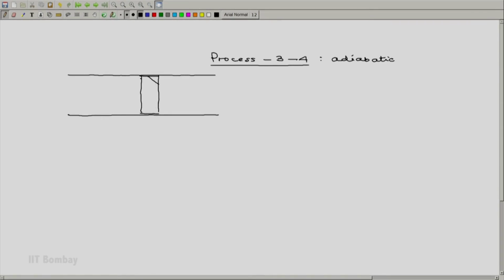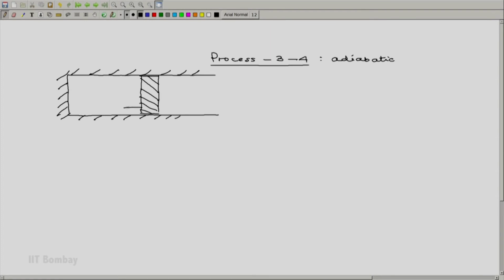Adiabatic process, that means the piston will be well insulated, the cylinder, all parts of it coming in contact with our system will also be well insulated.